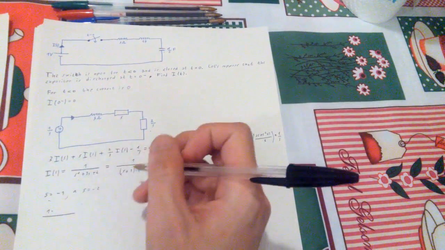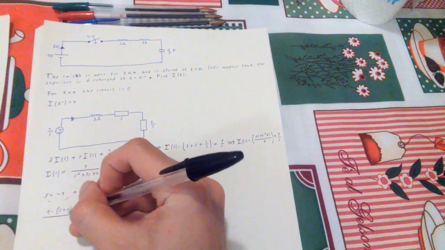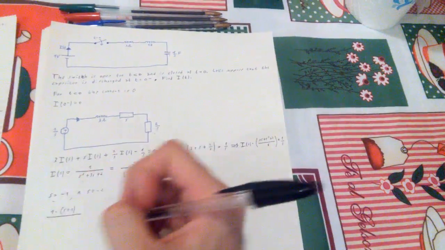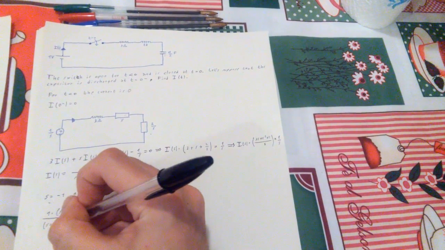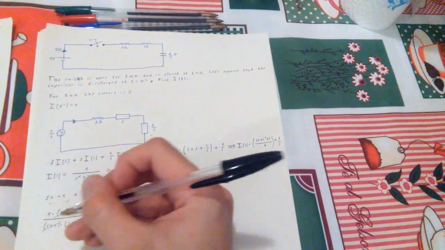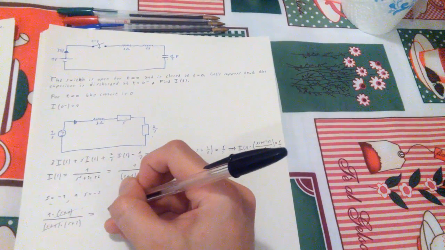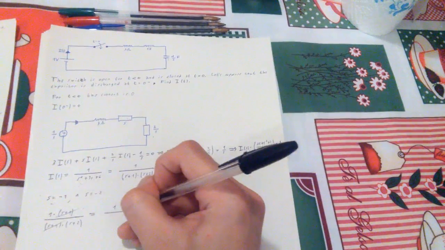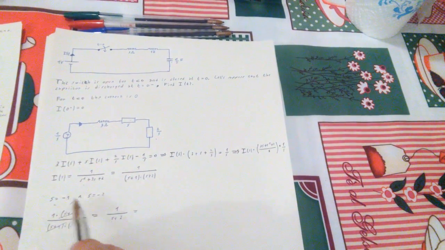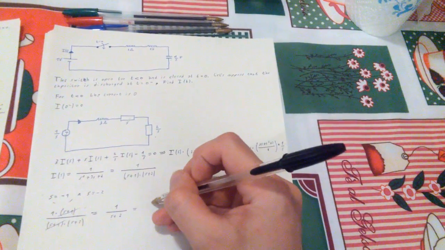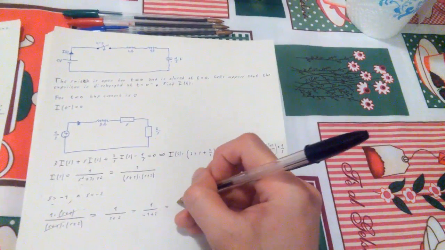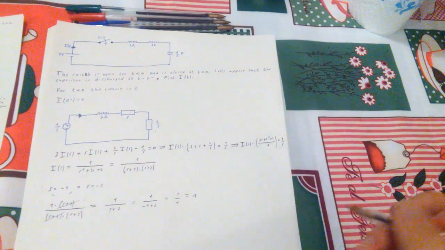So this will be 1 times (s + 1), over (s + 1) times (s + 2). Those two factors cancel, and we end up with 1 over s plus 2. Now we substitute s with -1, so we get 1 over -1 plus 2, which is 1 over 1, which is just 1.